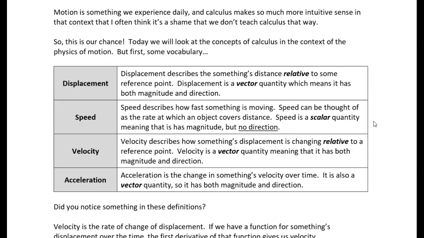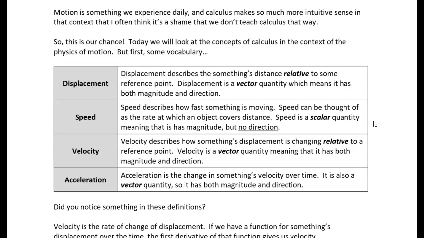And if any of you have ever taken any sort of physics in high school, you probably learned that in physics there's a distinction between speed and velocity. So speed is just what we call a scalar quantity. It just has a magnitude and no direction. So you could be going 60 miles an hour north, or 60 miles an hour south or east or west, or any direction.